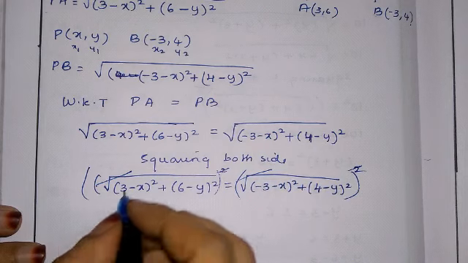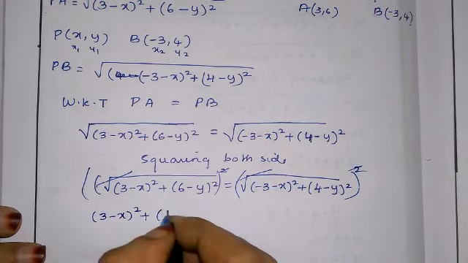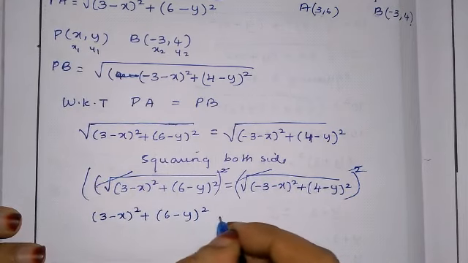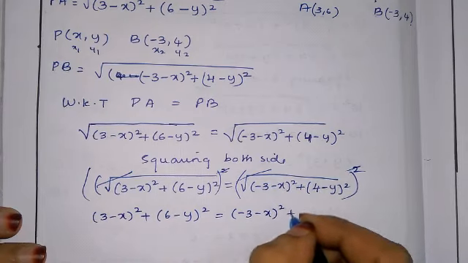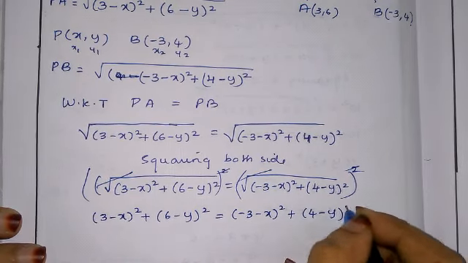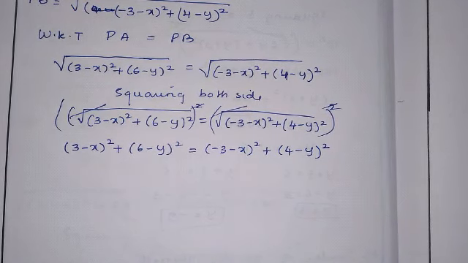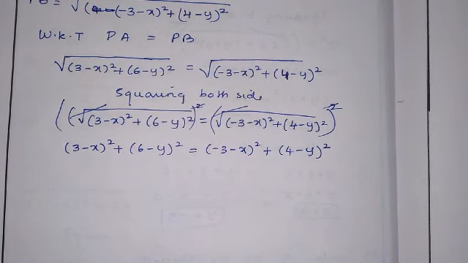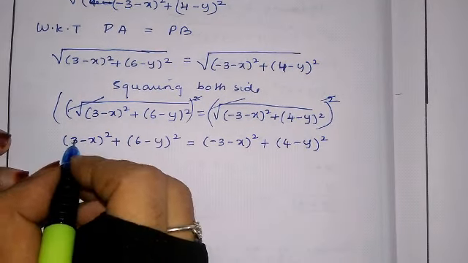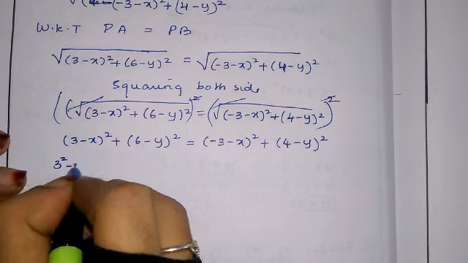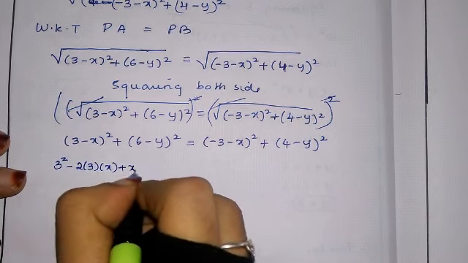Okay. What is remaining now? 3 minus x whole square plus 6 minus y whole square is equal to -3 minus x whole square plus 4 minus y whole square. This we got. Now we know the formula, a minus b whole square. How to spread the formula? a square minus 2ab plus b square. Okay.